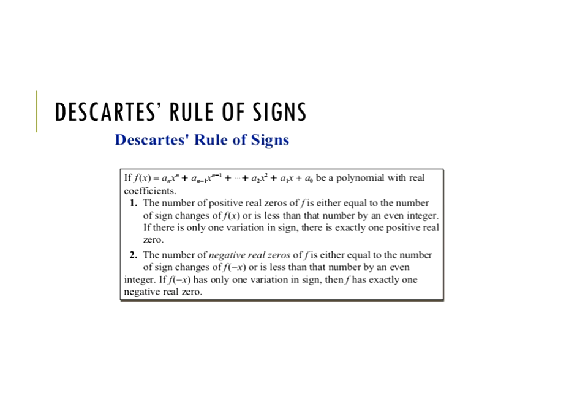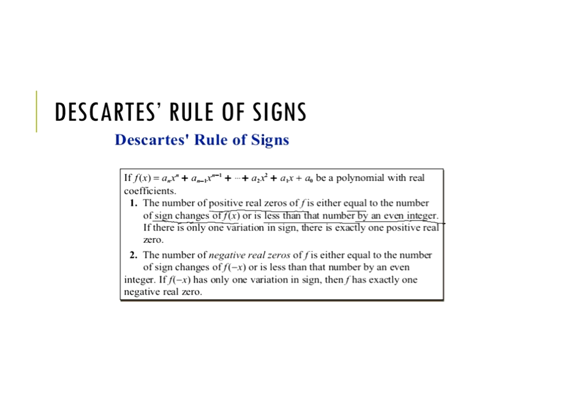So this just basically says if you have a polynomial that has real coefficients and you count the number of sign changes in the original function, in the original f of x, the number of positive real zeros will be equal to that number of sign changes or less than that by an even integer.